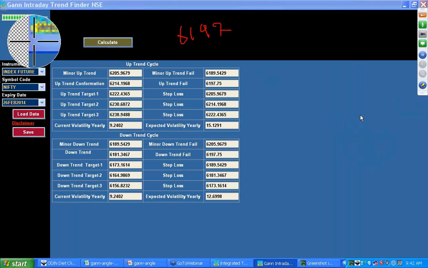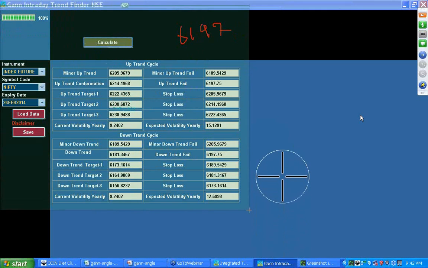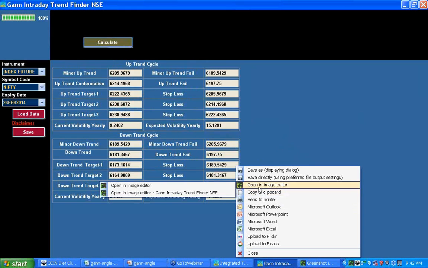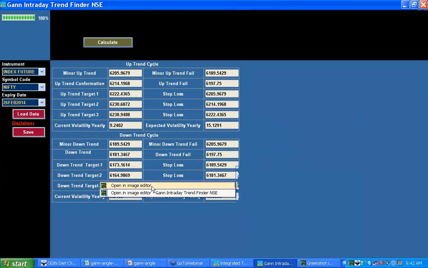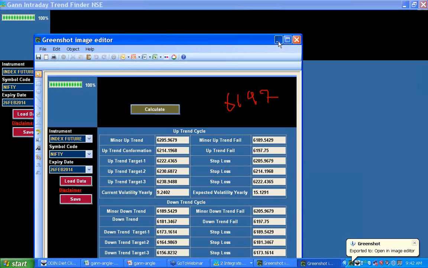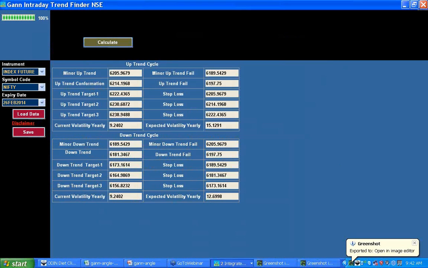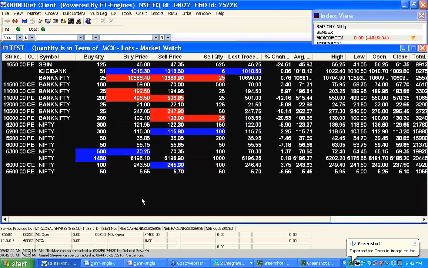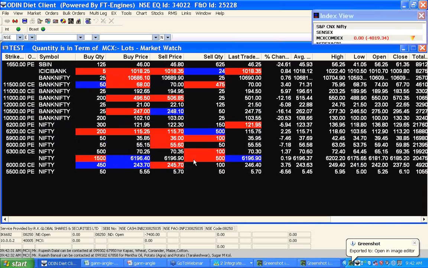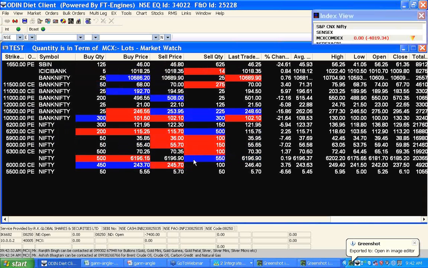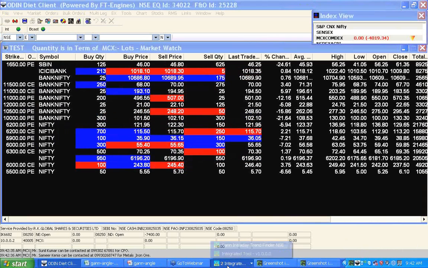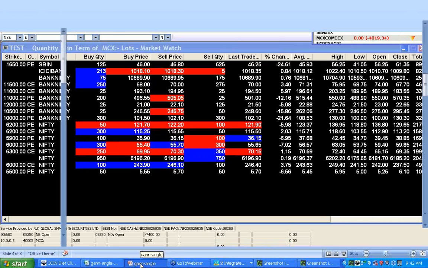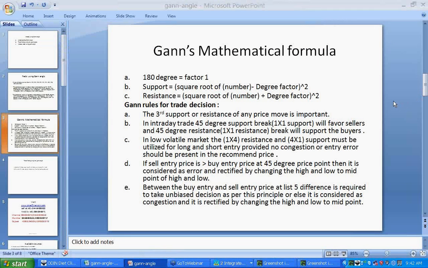Trend forecast is only taken by those who have already studied this method of Gann angle. In trend forecast, I take the last traded price into account to estimate the trade. However, whenever I go for a forecast, I talk about two terms: one is the trade forecast, another is the trend forecast.